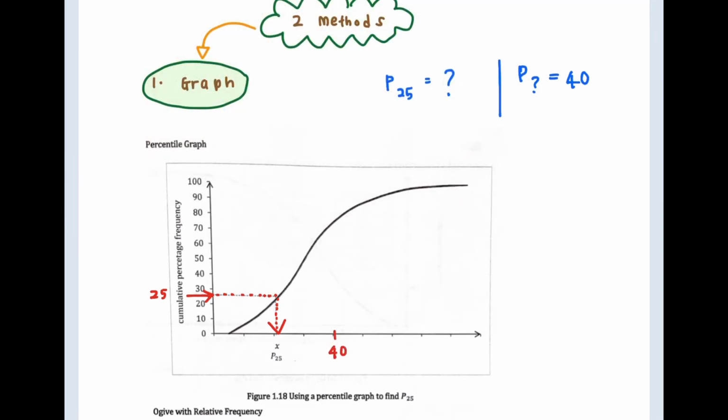From the x-axis, you draw the dotted line to the graph and then the dotted line to your y-axis. So this is the answer for the percentile rank. Let's say this value is 75. This is an example only. So your answer will be P75 is equal to 40. So from the given graph, you can find the percentile or the percentile rank.